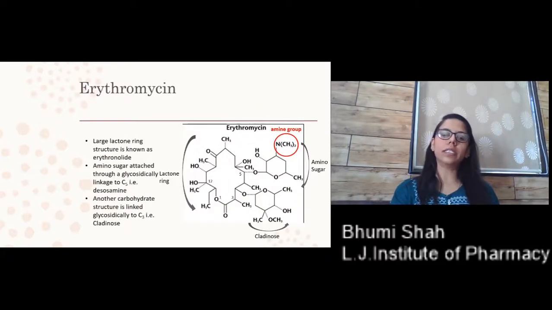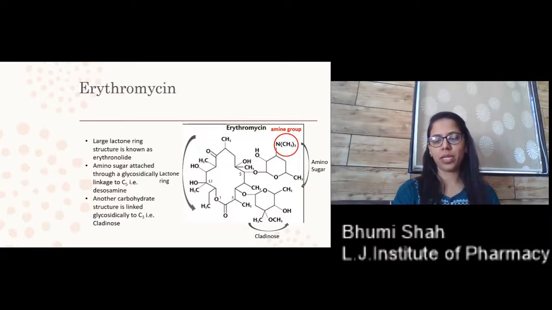Then we'll discuss the structures of erythromycin, clarithromycin, and azithromycin in detail. This is the structure of erythromycin. I have highlighted three parts: the lactone ring, the cladinose moiety, and the amino sugar.